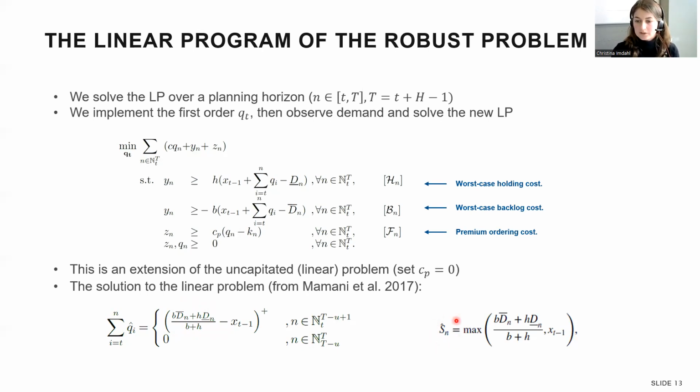And Sn hat is the linear optimal solution, the cumulative base stock level that they found for the linear problem. Also Q hat we use to identify the robustly optimal order quantities for the linear case.